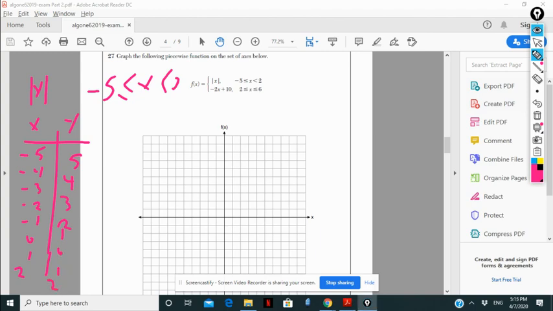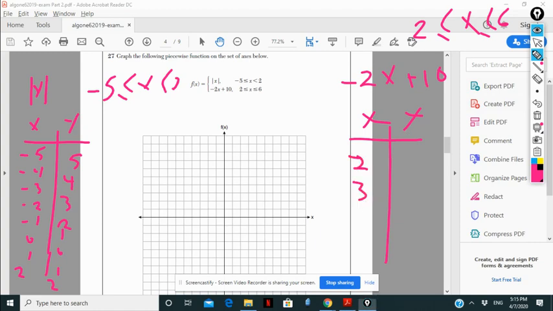So when I go for the other part, it's -2x plus 10 on the domain 2 to 6. So here is the x value, here's the y value, and I have 2, 3, 4, 5, 6.